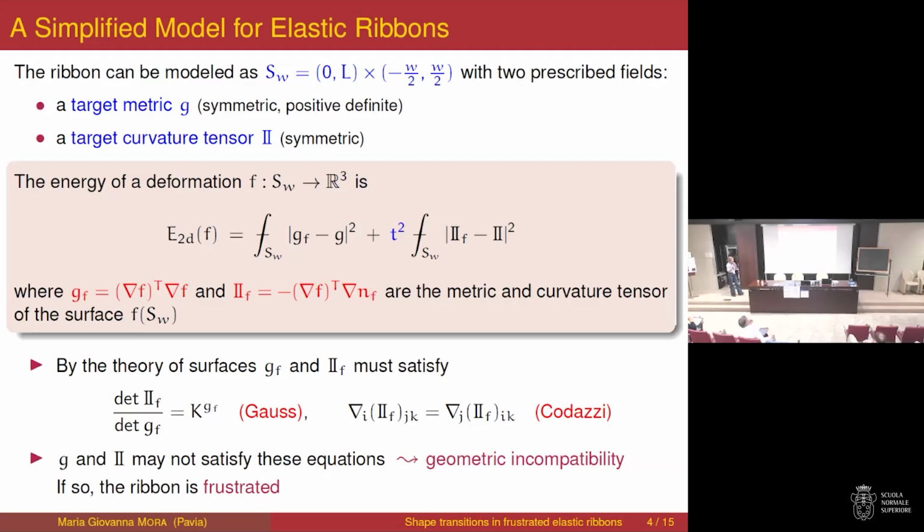And so in this case, the energy cannot be 0 on any deformation. And so one says that the ribbon is frustrated because it wants 2 incompatible things, so a metric and a curvature that are not compatible. Okay, so assume that we have incompatibility. So the target metric and the target curvature are not compatible. So what can we expect when we minimize this energy?